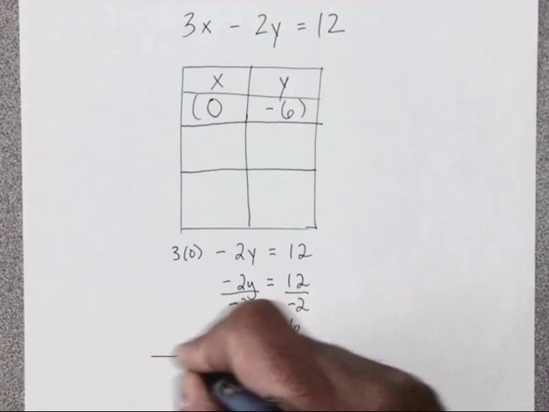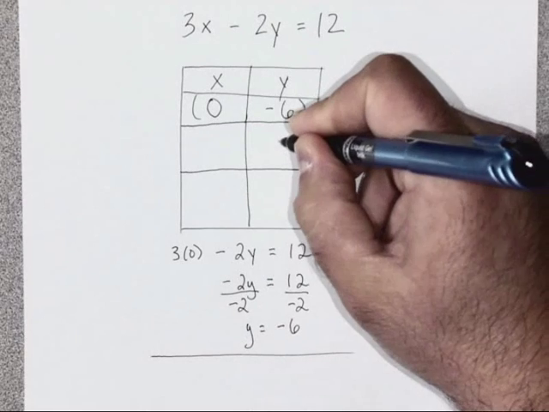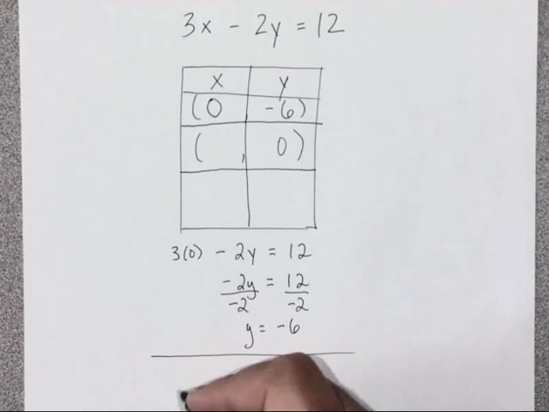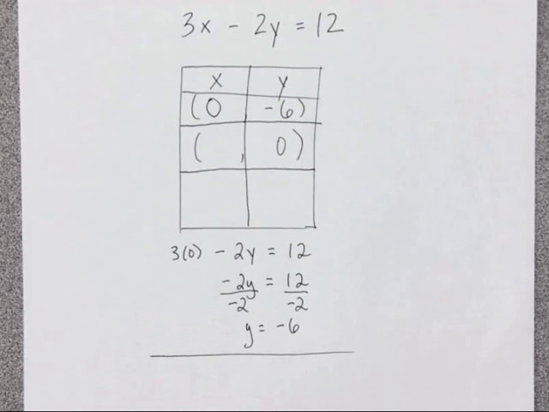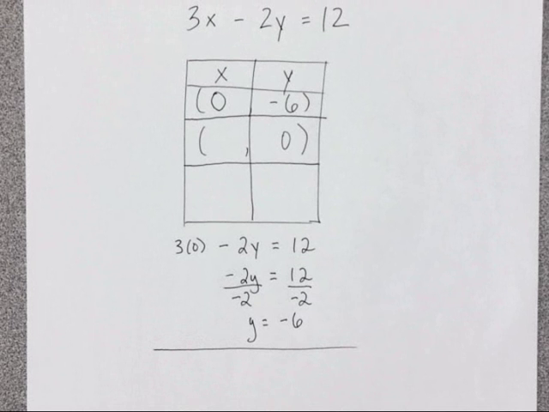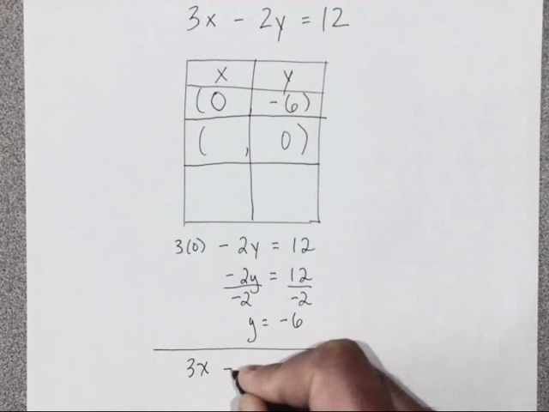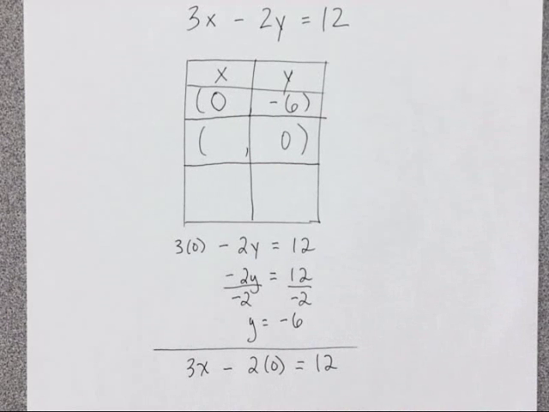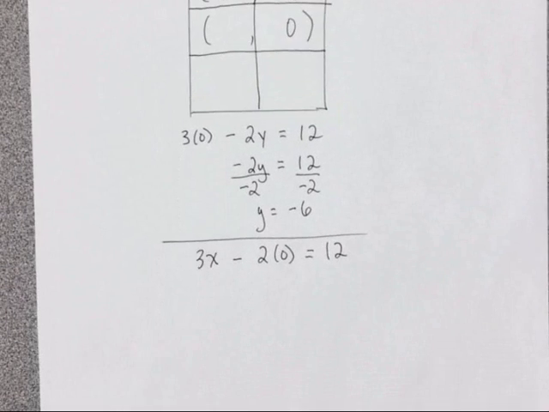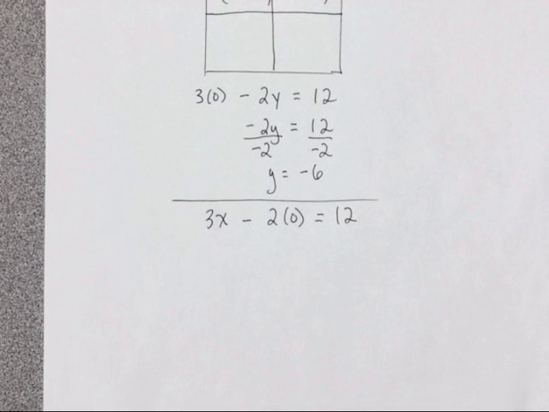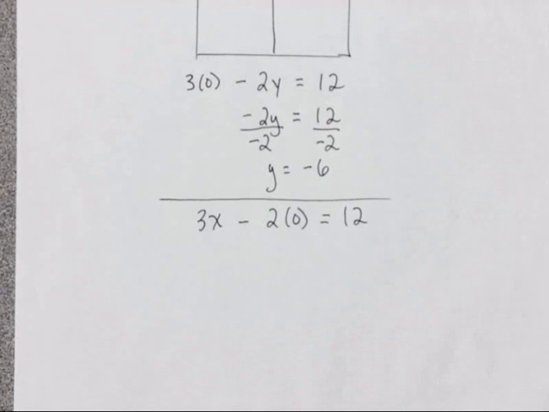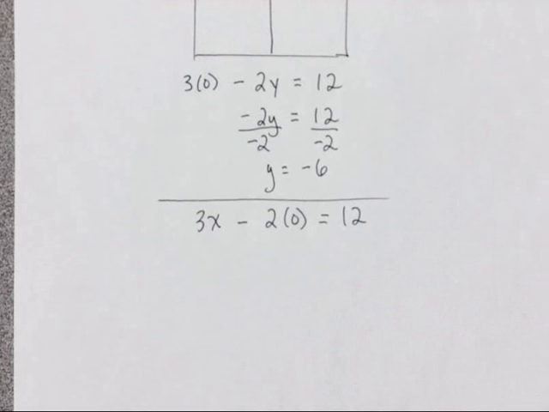So let's try it with 0 going into y. In this case, I'm going to leave the x as is, and I'm going to put 0 in for y. And then I'm going to solve this equation. Notice here that, once again, 2 times 0 is 0, so I get 3x minus 0, and 0 doesn't really add or take away anything.